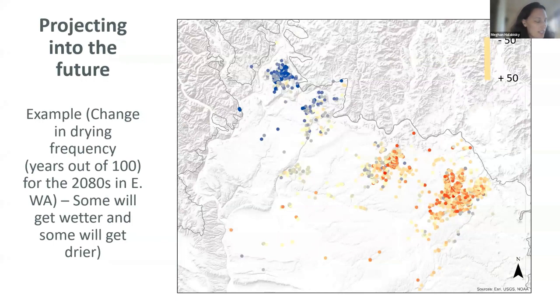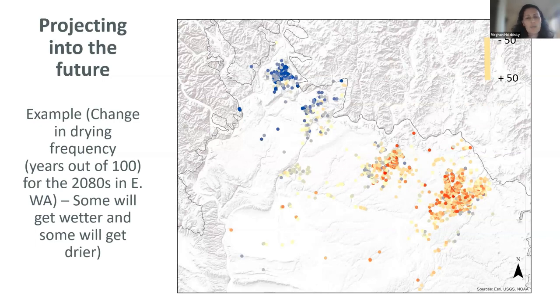And then finally, finishing up here, once we have these robust time series, which we're going to talk about next, there's a lot we can do with it. We can look at changes through time, but we can also correlate it to climate data and then make projections into the future.